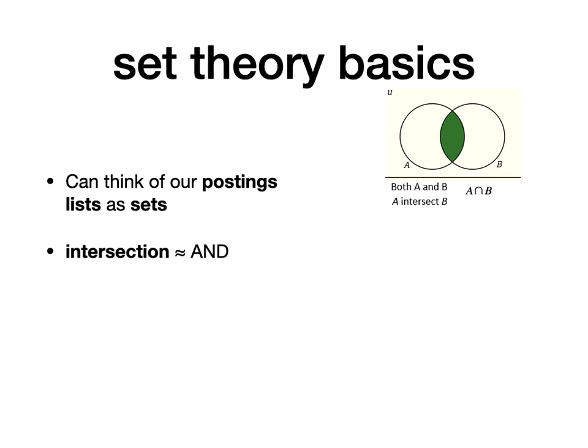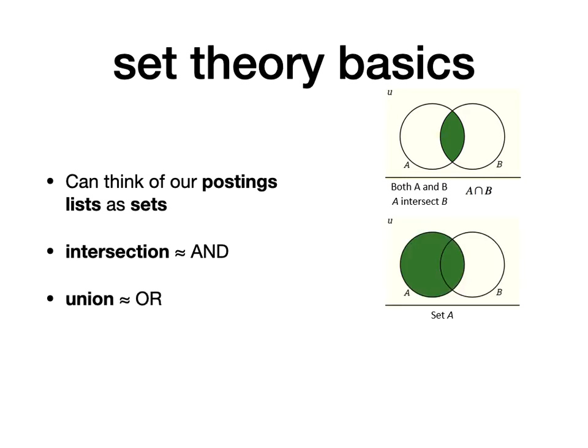We can also do union, which is OR, a similar idea. Sometimes we want to expand terms, right? We want to be able to say, well, I want this term, but either of these other two terms will suffice. So we want to expand the search to include either of those terms. So OR is the union of the two sets, right?